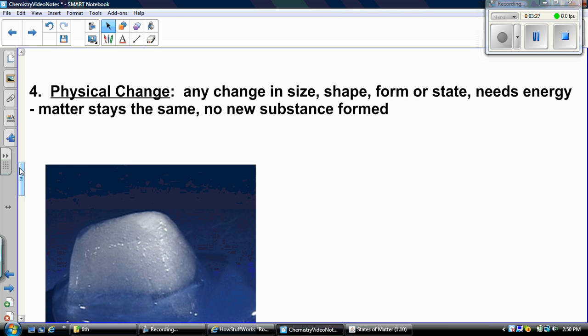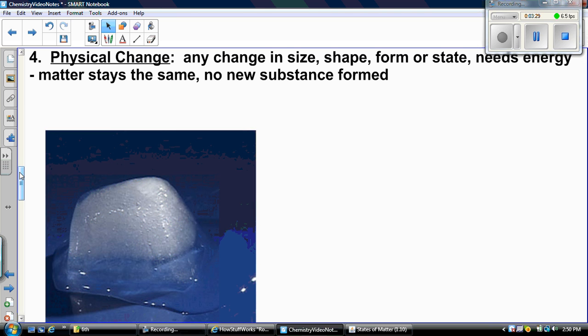So if you have an ice cube, which is water, in a solid state, and we add kinetic or thermal energy, that solid water starts to melt into liquid water. That is an example of a physical change. It's still water, so no new substance was formed, but it needed energy to get matter to change from a solid to a liquid.